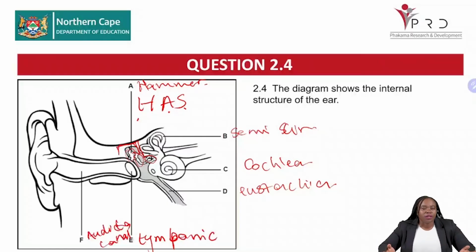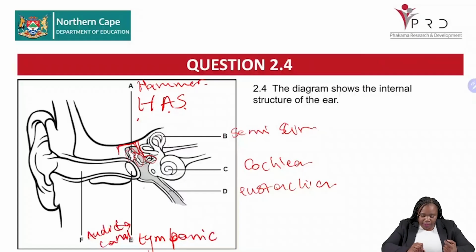You already know what the parts do. You know that the hammer has to vibrate as the tympanic membrane vibrates, which causes the anvil and the stirrup to vibrate, which causes vibration of the oval window into the inner ear. Semicircular canals, you know that those are involved in your balance and your hearing.